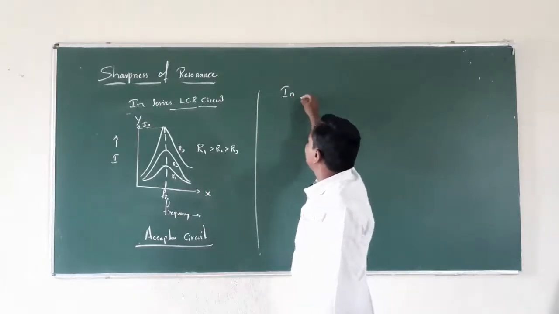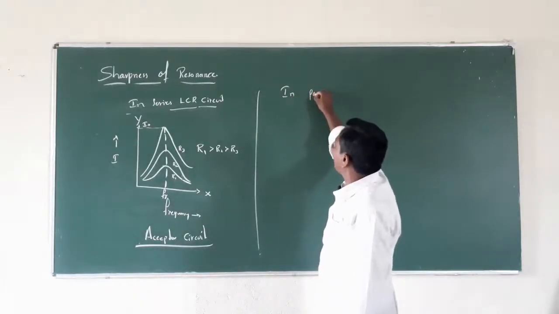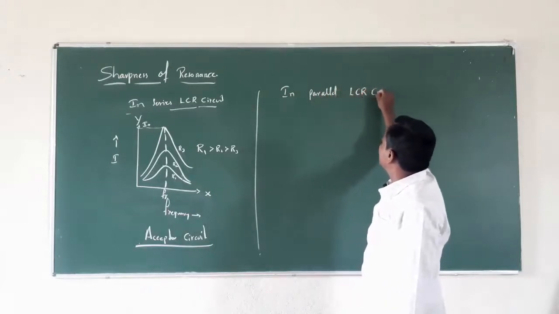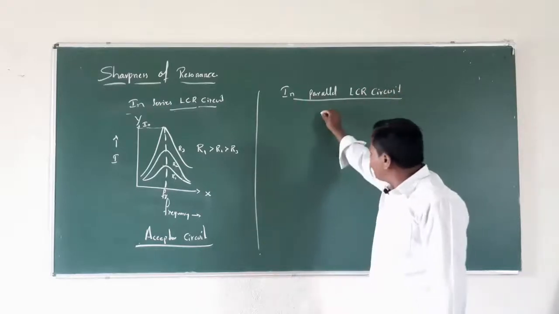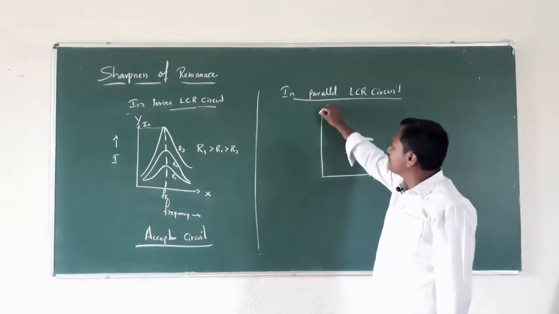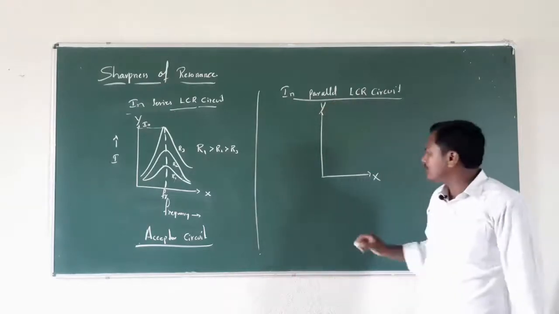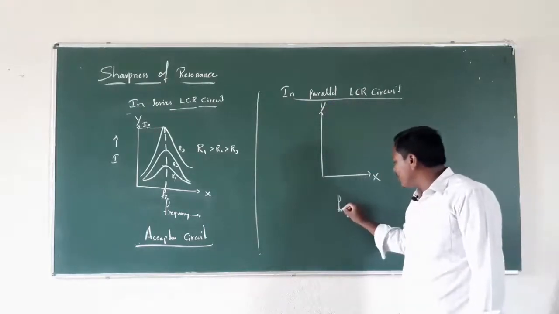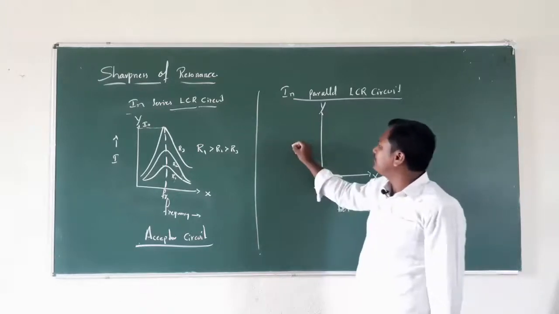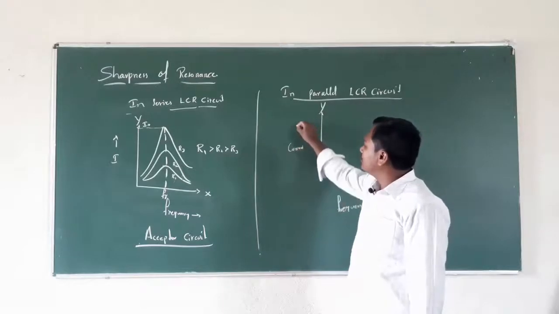But in case of a parallel LCR circuit, if we observe the graph, let us consider this one is an x axis and this represents a y axis. Along the x axis we took frequency and the current along the y axis.